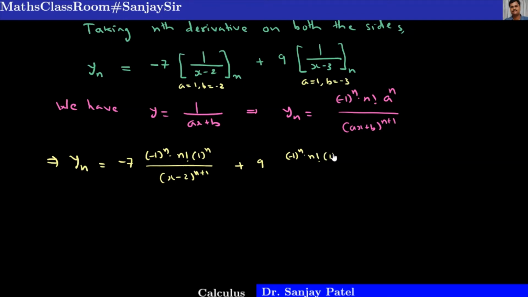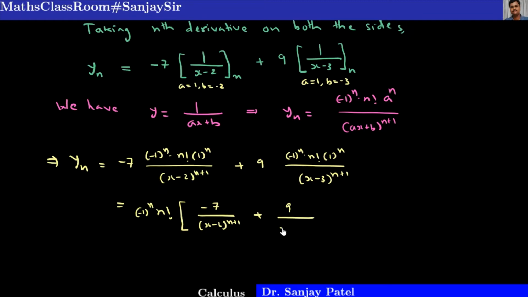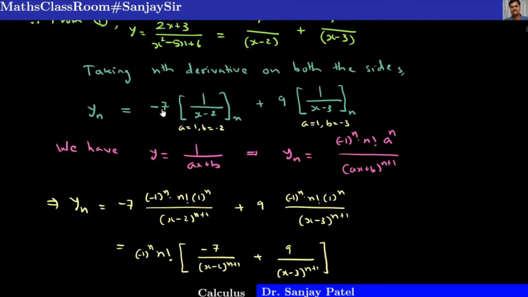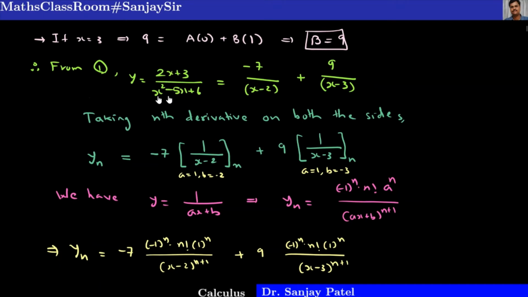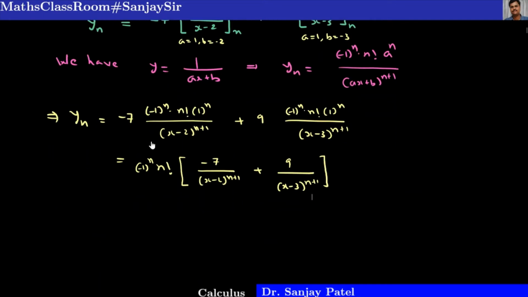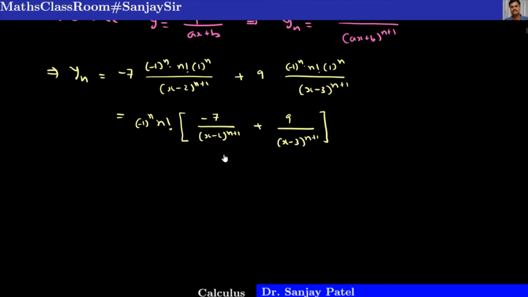So we get 1^n/(x - 3)^(n+1). This we can simplify and write as n! (-1)^n, which is common in both, times [-7/(x - 2)^(n+1) + 9/(x - 3)^(n+1)]. Okay. So this is our nth derivative of the given function (2x + 3)/(x² - 5x + 6). So this gives us the value of the nth derivative at any point x.